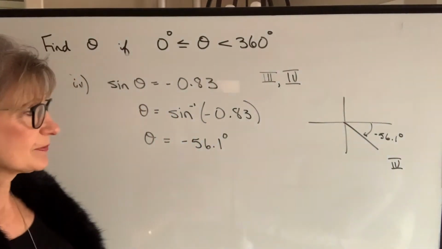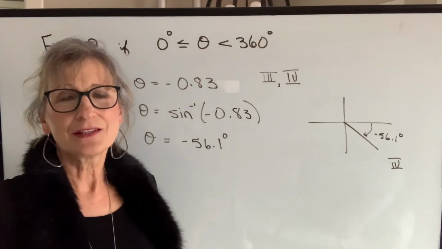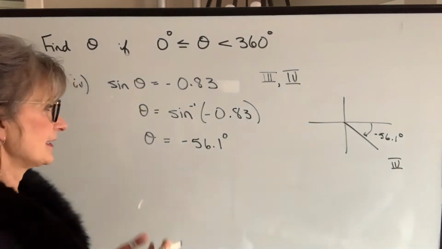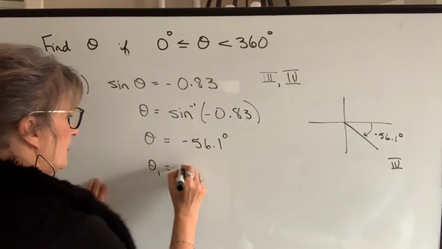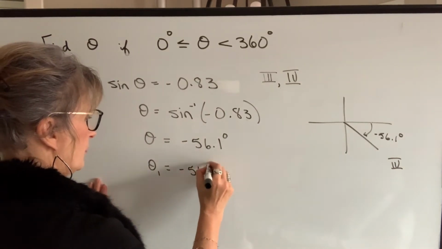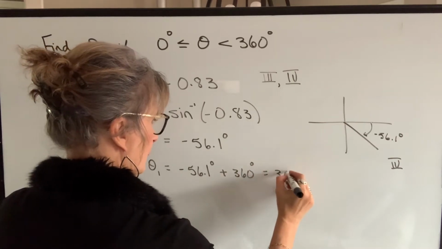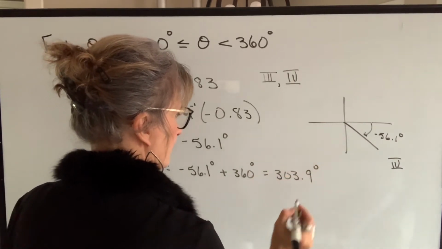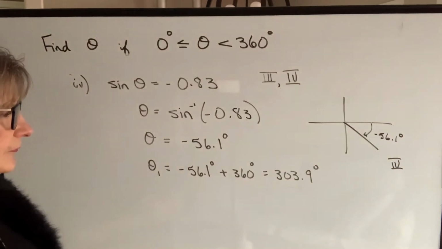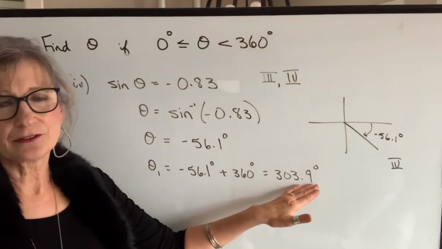Anytime you want to express that as an equivalent angle that's positive, you just simply add 360 degrees. So our first angle will be negative 56.1 degrees plus 360 degrees, which will be 303.9 degrees. So there's our first angle.